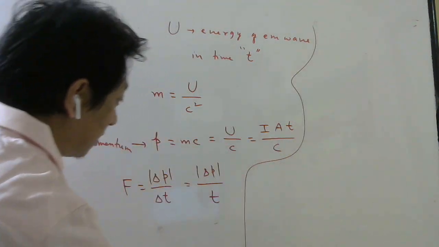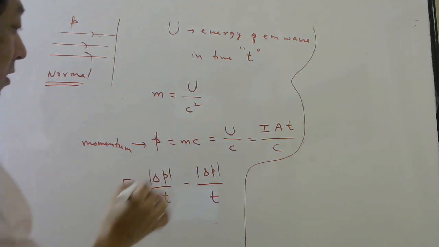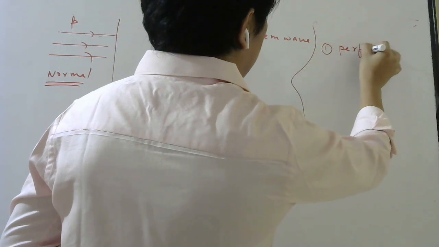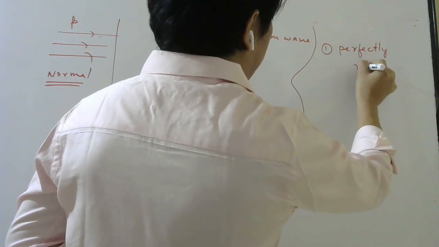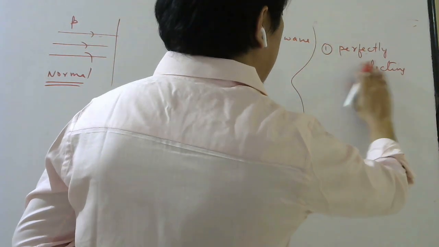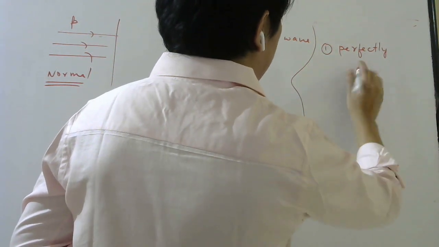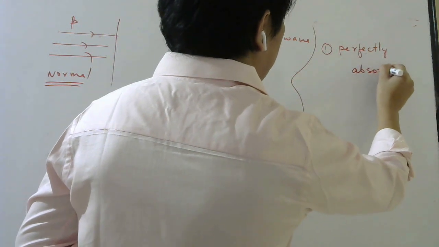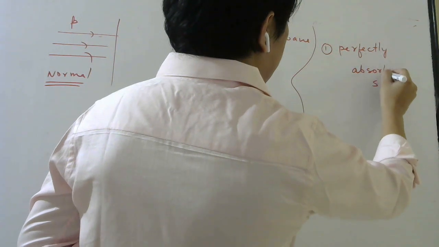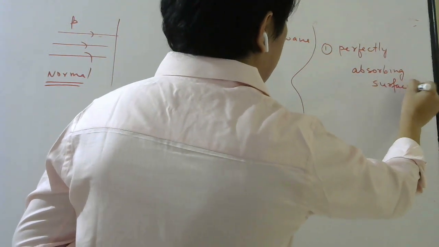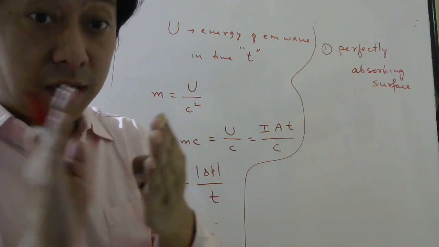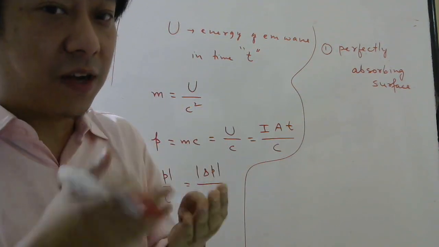Now let me check different cases which are possible. First case is perfectly absorbing surface. If the surface will completely absorb the light after it falls, then what is the momentum left after absorption?